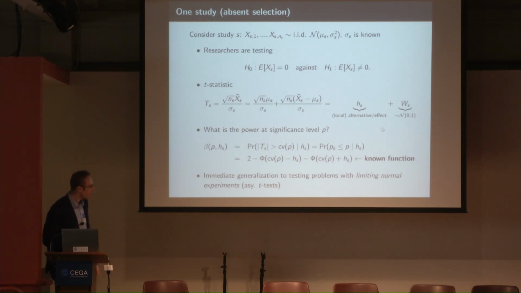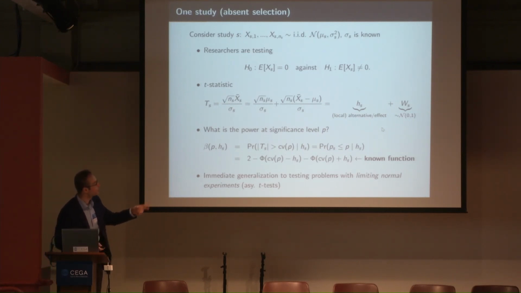This is the heaviest slide of my presentation, but the main takeaway is that for any given study, absent selection, the t-statistic reported in this study can be viewed as a sum of two major components.